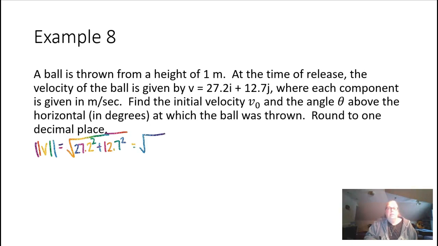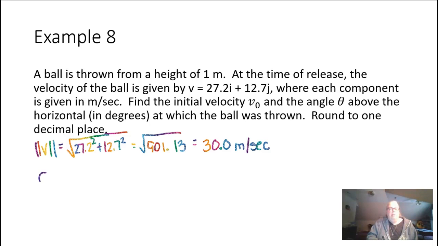This gives me the square root of 901.13. If we take the square root in the calculator, we get 30.01, but since we're supposed to round to 1 decimal place, we'll leave it at 30.0, and this is going to be meters per second.